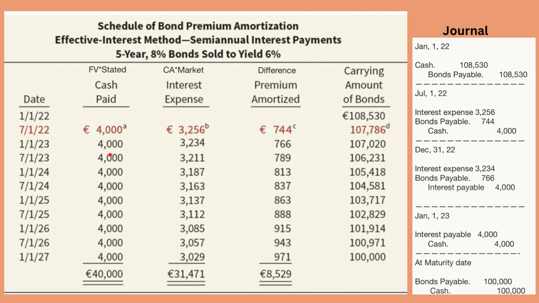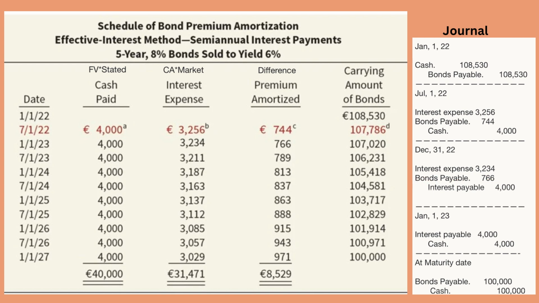Did I pay the 4,000? No, I did not pay the cash. It's going to be paid tomorrow, so I'm going to credit interest payable 4,000. What about the 766, the difference between the two? Again, I'm decreasing the carrying amount of bonds payable, so I need to decrease bonds payable. Liabilities decrease on the debit side.